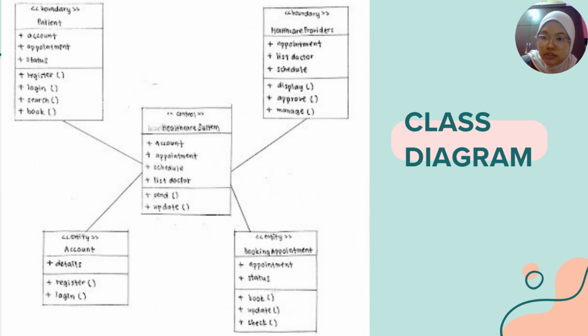And last is the entity class. It has two entities, which are account and booking appointment.